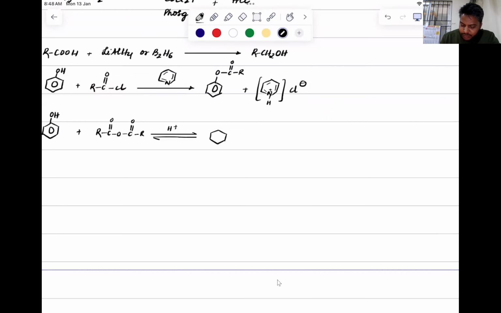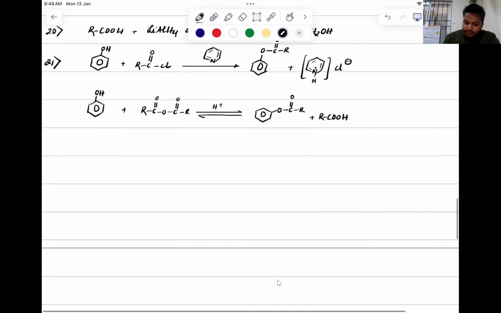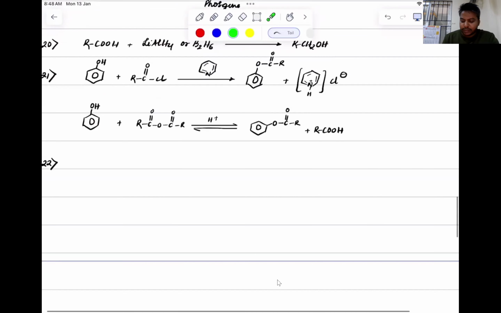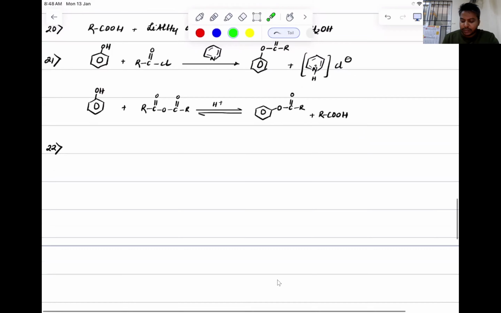So here you will get this as O C double bond O R plus RCOOH. The next question now. These two are basic esterification reactions. One is going in the forward direction only. One would stay at equilibrium. In fact, in every acidic medium, it will stay in equilibrium.